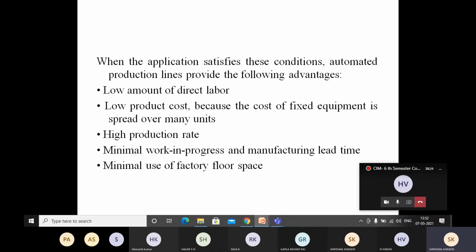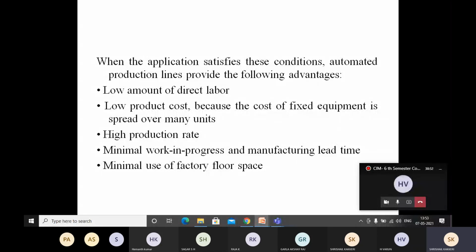One nature of fixed automation is a high production rate. The rate of production will be more because of all the elements included in this. For example, the robot, the work holding devices, the transfer mechanisms, the work positioning on the machine, all these will be fixed for this particular part only.